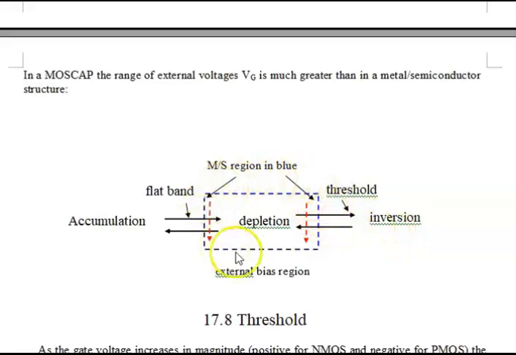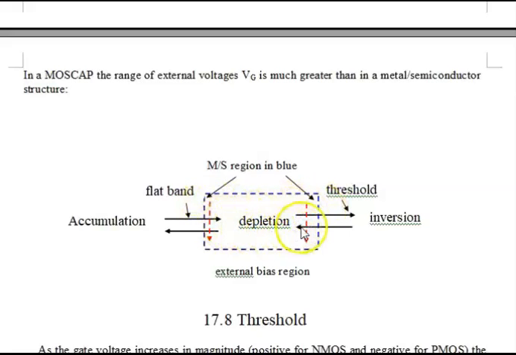Now I've made a blue region in here which shows the possible variation of external bias in the metal semiconductor, in the Schottky. And you see it's really the same kind of structure, but the range is much less.